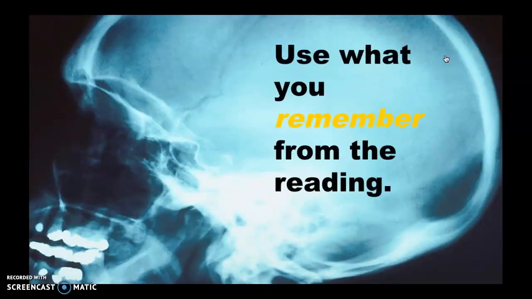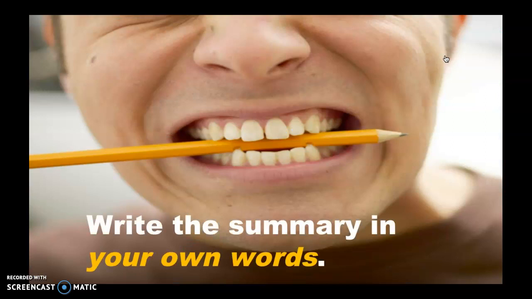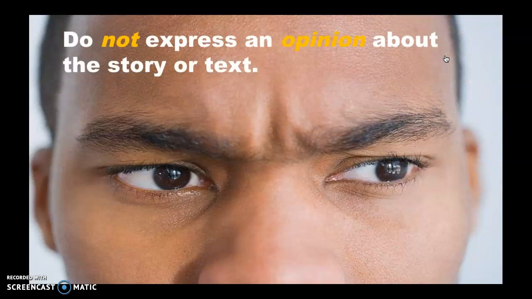Next, you want to use what you remember from the reading. And if you can't remember much, you might want to go back and reread it or skim through to get some ideas. Next, you want to make sure you write the summary in your own words. And finally, you want to make sure you don't express any opinions.